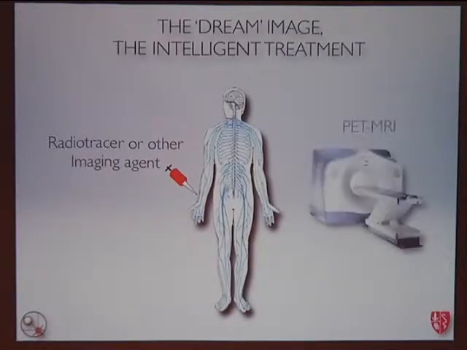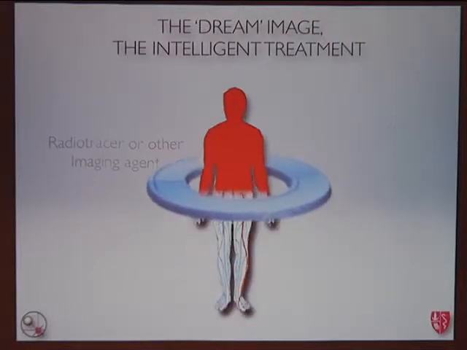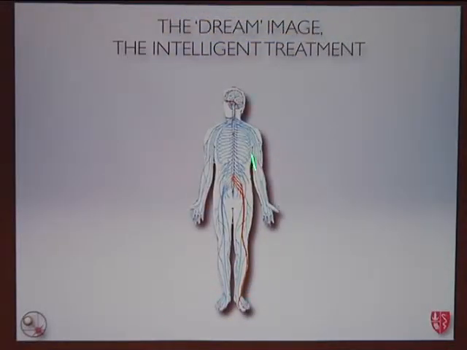So let's say we designed an agent and systemically administered it and then performed a PET MRI study, put this person in the scanner, maybe someone with ankle pain would look like this. That would be my dream image, okay? And it'd be important to know there are certain centers, in the central nervous system as well as the peripheral nerve, that are giving rise to this patient's source of pain.